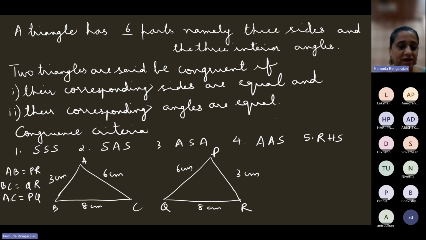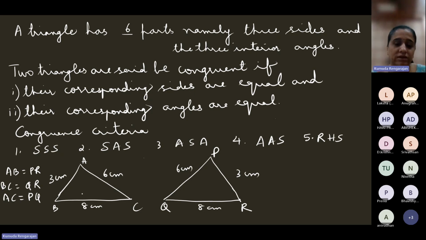So we see that three sides of one triangle are equal to the corresponding three sides of the other triangle. So now this means the two triangles are congruent to each other and the rule is SSS.